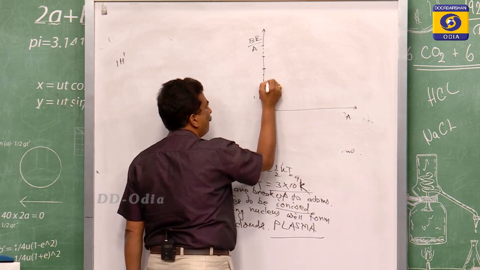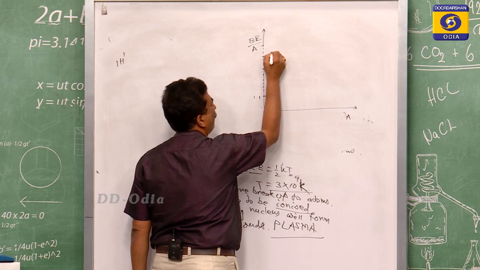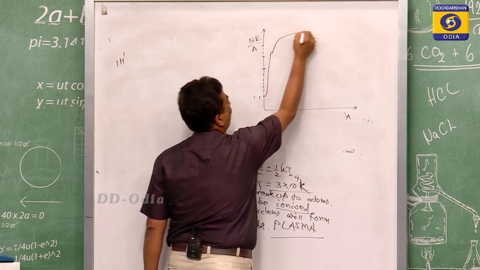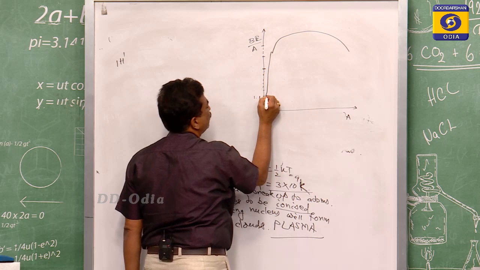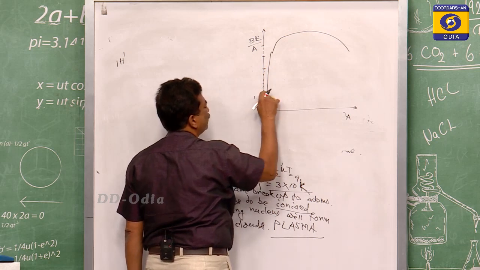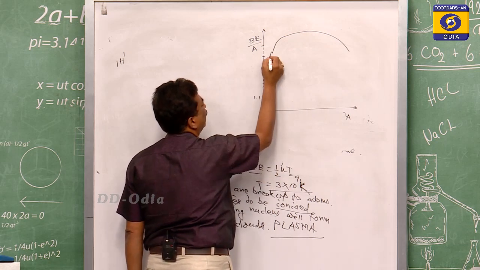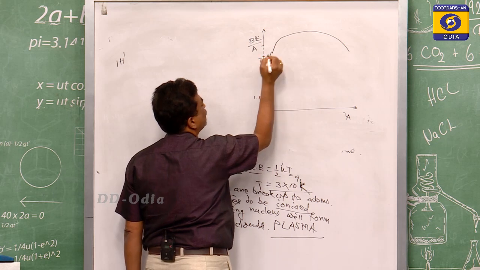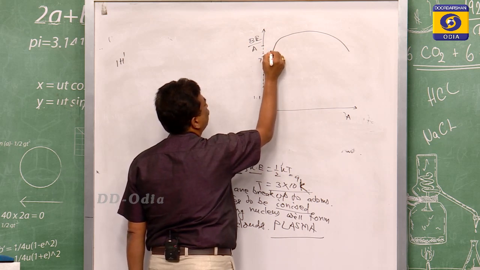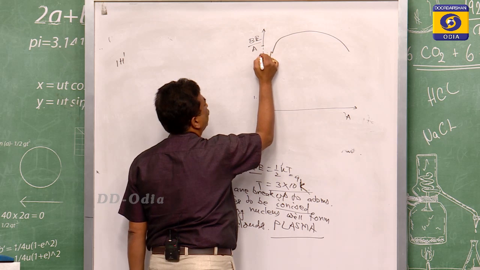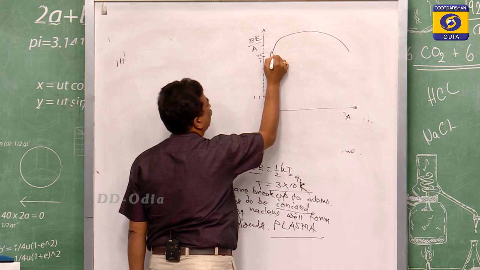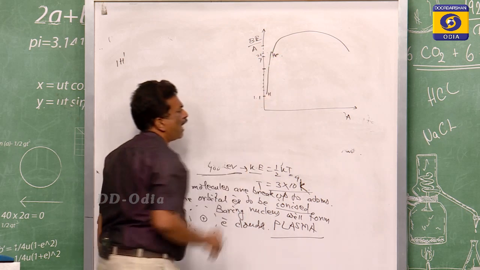Suppose this is 1.1, means this is hydrogen. Suppose this is 7, and this is approximately 7.2 for helium.